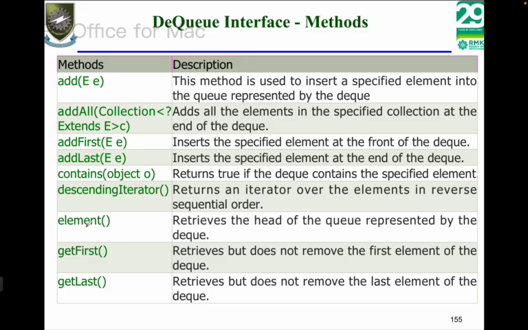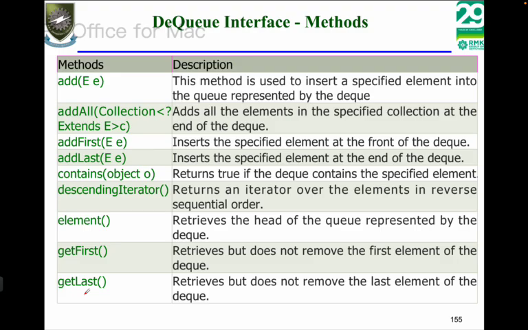Then if I want to retrieve the head of the queue represented by the Deque, I can go for a method called element, which retrieves the head element. If I want to retrieve the first element, I can go for getFirst. Get is a method which helps you access or retrieve the element. If I want to retrieve the element from the last, I can go with getLast.